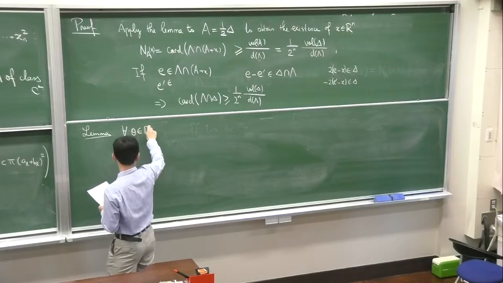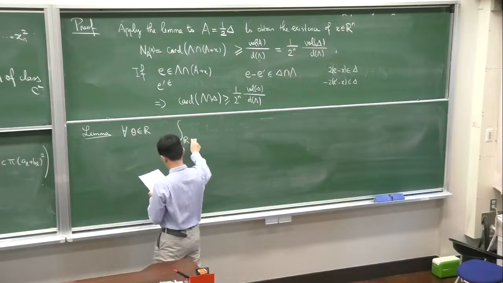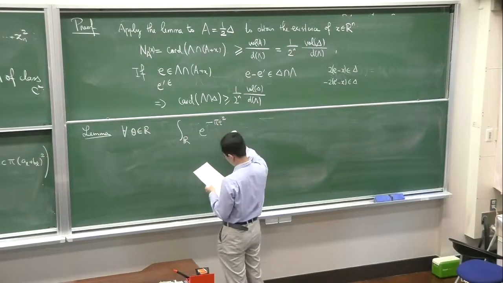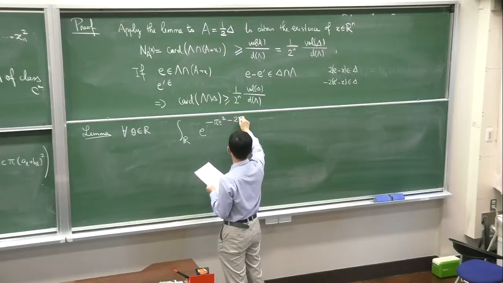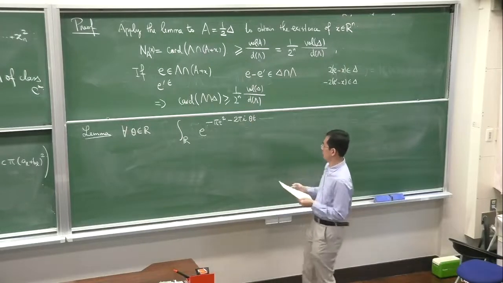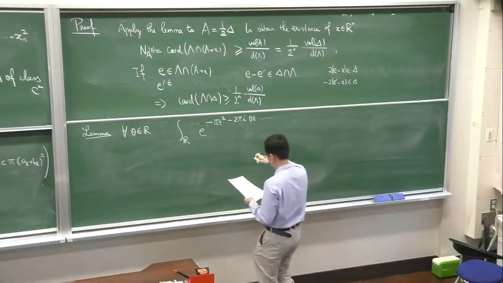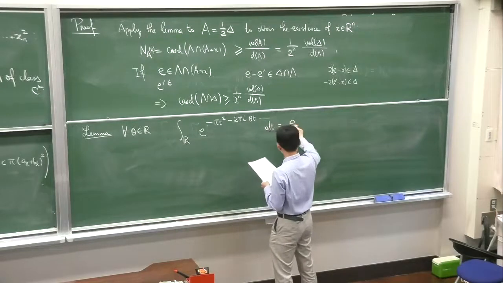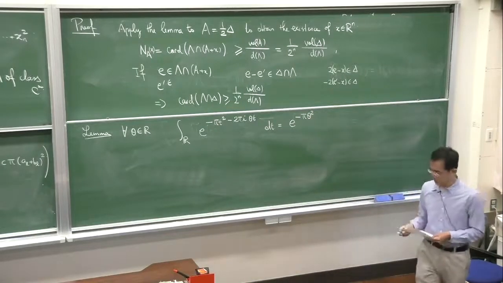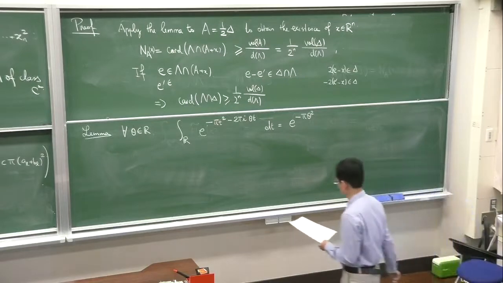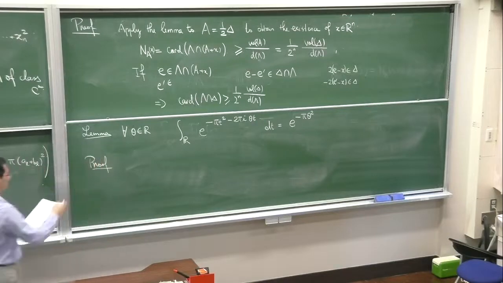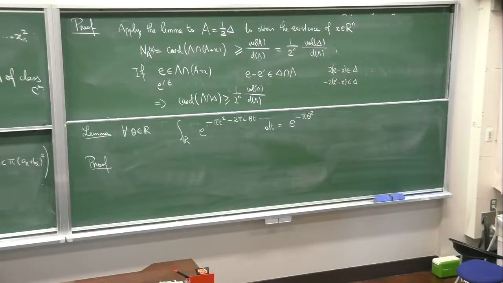So for any theta in R, if you integrate over R e to the minus pi t squared, which is a normal distribution function, times e to the minus 2 pi i theta t dt, I am calculating the Fourier transform of this Gaussian, and then you find exactly the same thing. You replace t by theta, and you find the same function. That is fundamental to the work of this lecture.